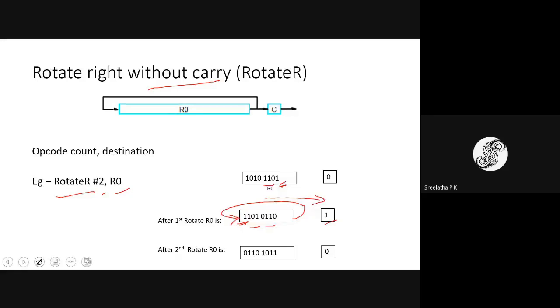The carry flag is not affecting; from the carry flag 0 had come out, but it is not affecting the R0 register. Fine, so this is rotate right without carry. The carry flag is not used for moving of bits. Directly whatever content was there in the LSB is moved to the MSB.